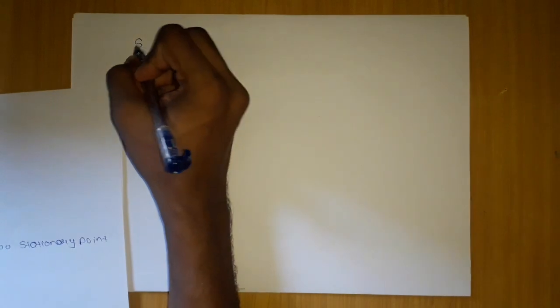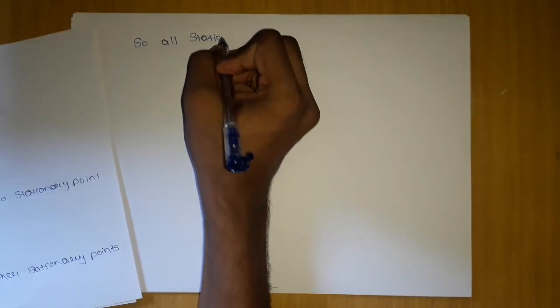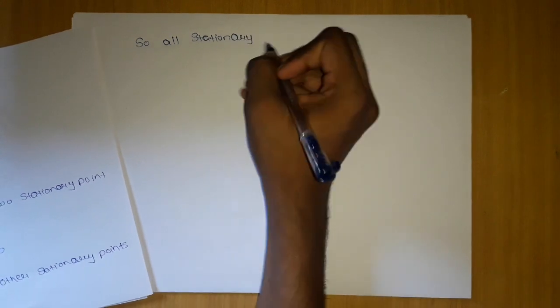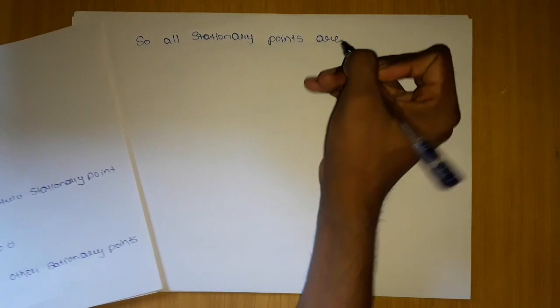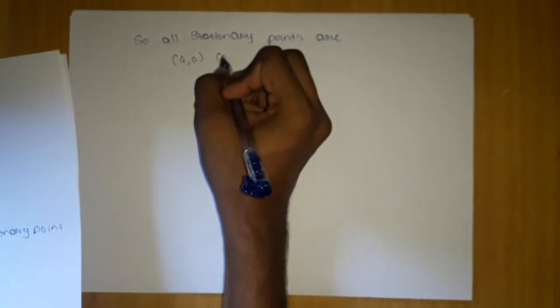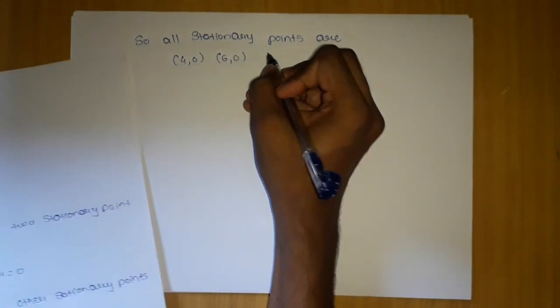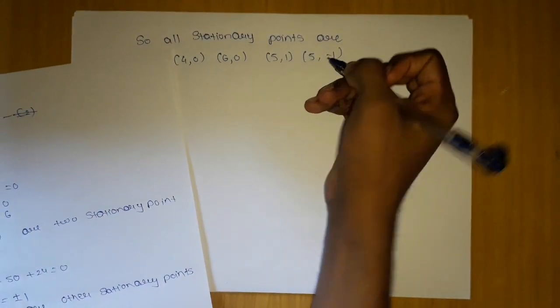Now, all the stationary points, what are the stationary points which we found? 4 comma 0, 6 comma 0, 5 comma 1 and 5 comma minus 1.